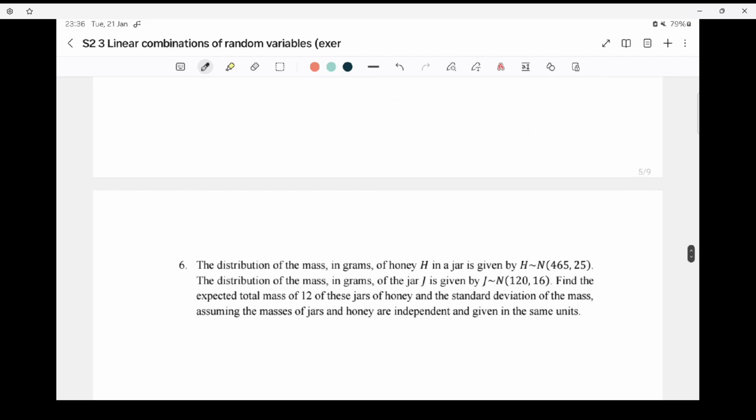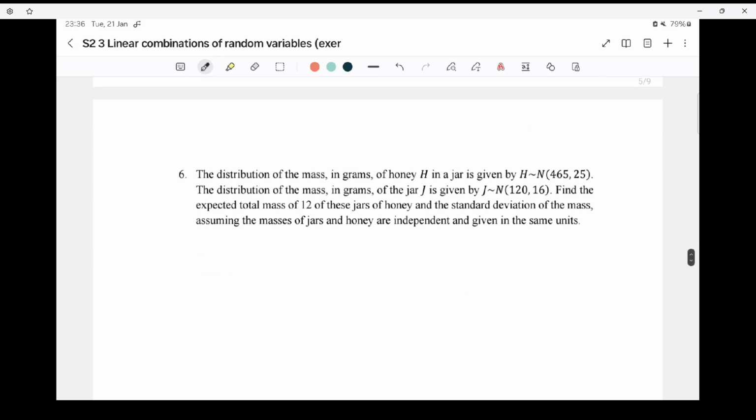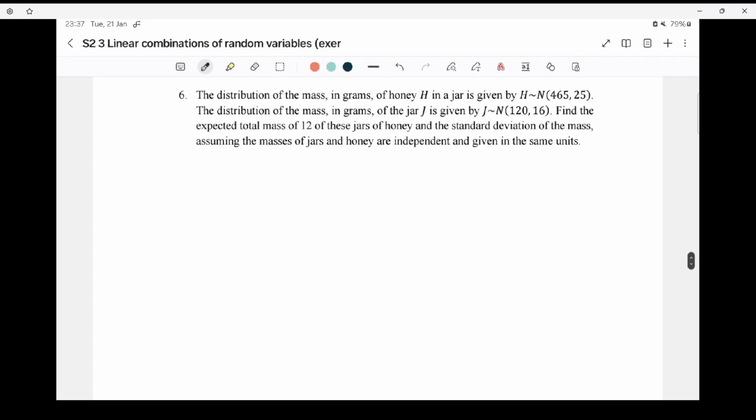So now let's look at question 6. The distribution of the mass in grams of honey H is given by that. For jar J will be given by the other normal distribution. Find the expected total mass of 12 of these jars and the standard deviation, assuming the masses are independent. So what do they mean?